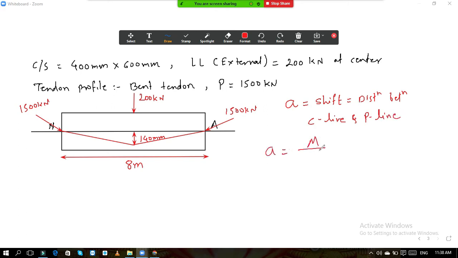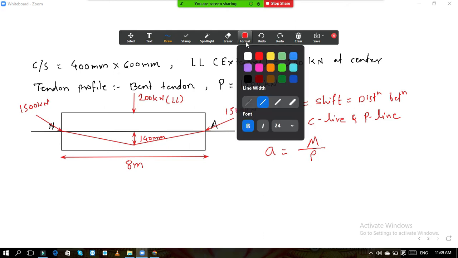It is M upon P, where M is the moment and P is the pre-stressing force. The value of pre-stressing force is known to me, but I don't know the value of M right now. So I will calculate the total bending moment. Here you can see this external load, that is live load, is acting, and the cross section dimension is given, so dead load is also there. So we have to calculate the total moment now.